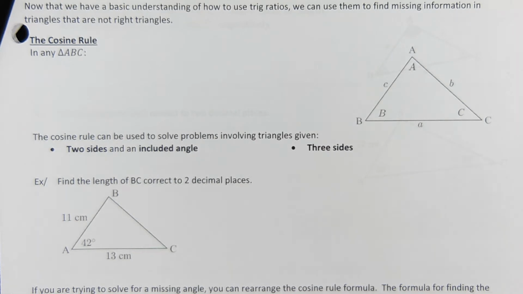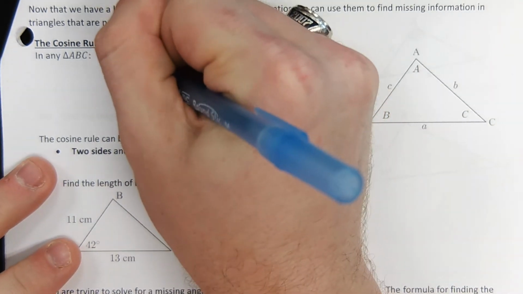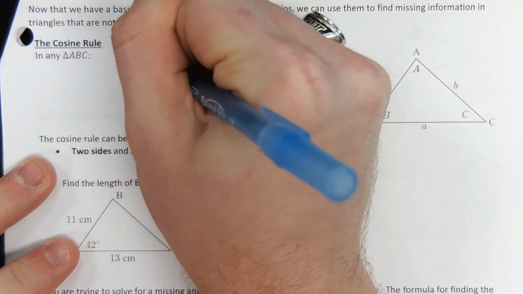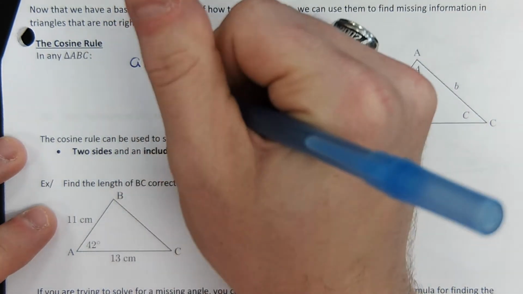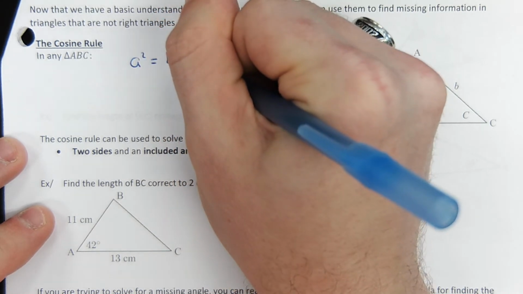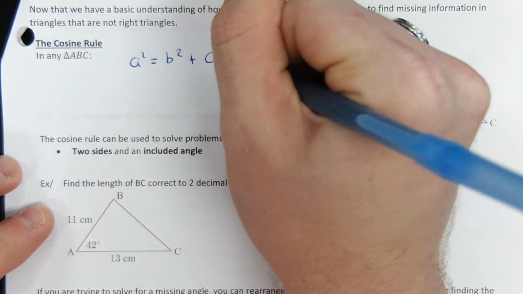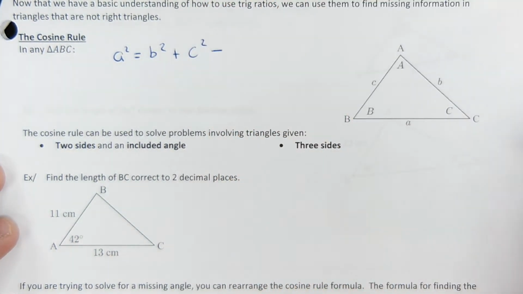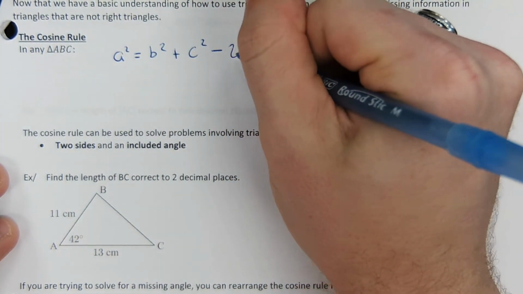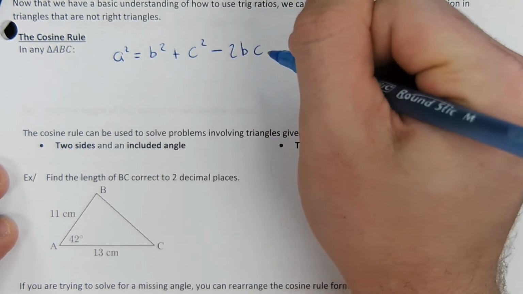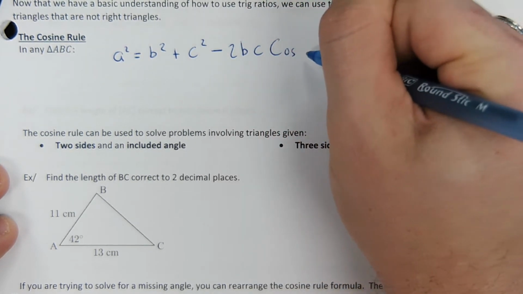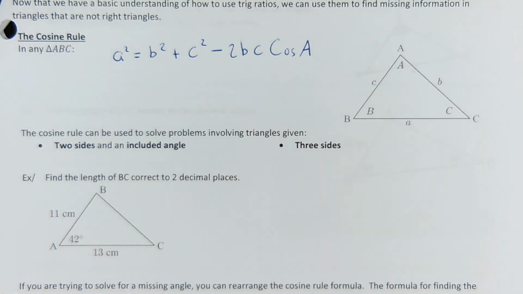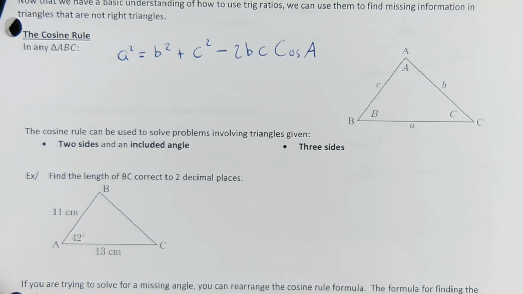The general cosine rule says side length a squared is equal to side length b squared plus side length c squared minus 2 side b side c times the cosine of angle A. Not really a Pythagorean theorem. You can prove it using the Pythagorean theorem or derive it using the Pythagorean theorem.